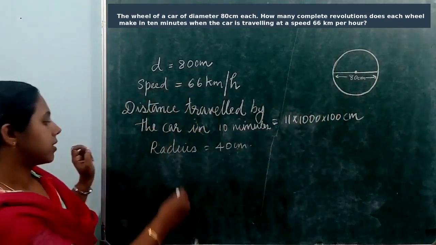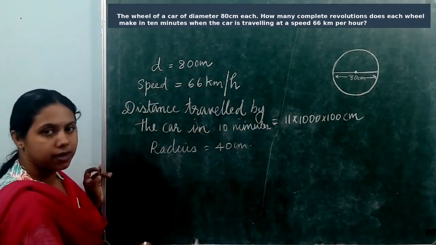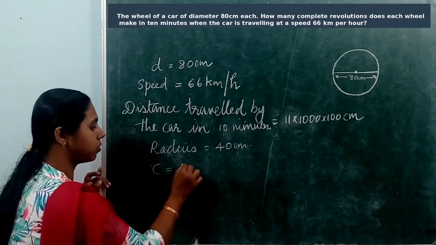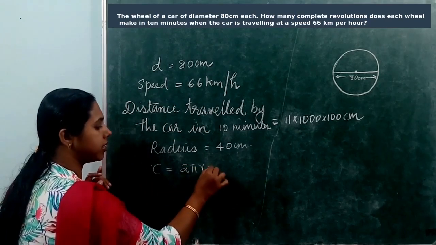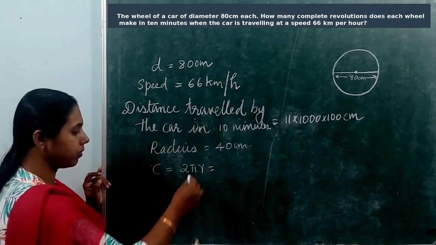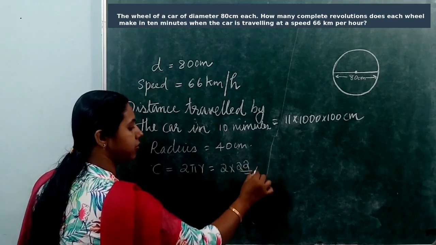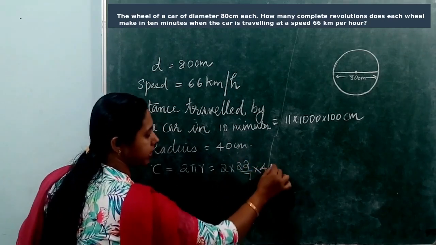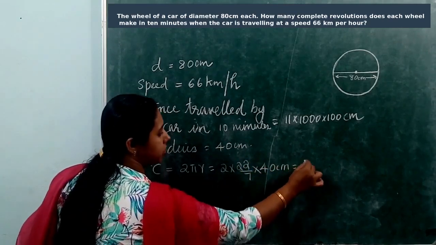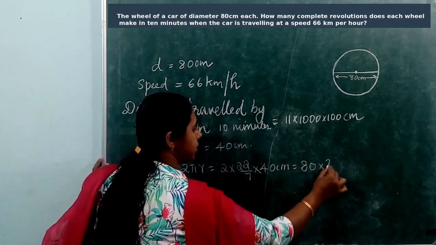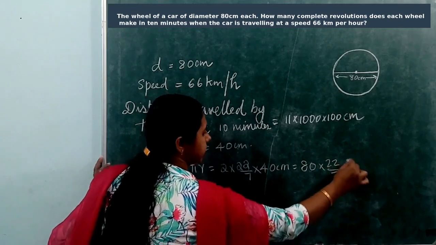So we can find the circumference of the wheel. Circumference of the wheel is equal to 2 pi r, that is 2 into 22 by 7 into radius, 40 centimeter. That is equal to 80 into 22 by 7 centimeter.